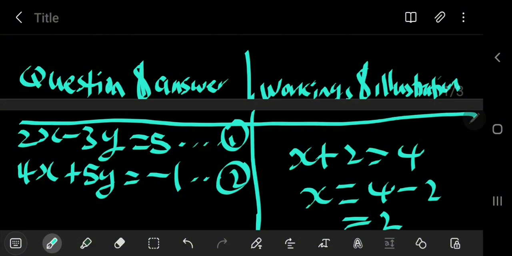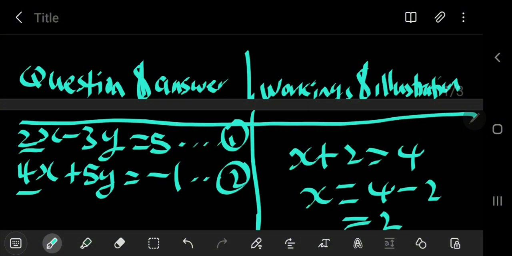So let's eliminate x. Now, don't forget, we want the x's to be the same. There's a very simple way to do this. The coefficient, which is 2, of the first equation should be multiplied by the second equation, and the coefficient of the second equation, which is 4, should be multiplied by the what?